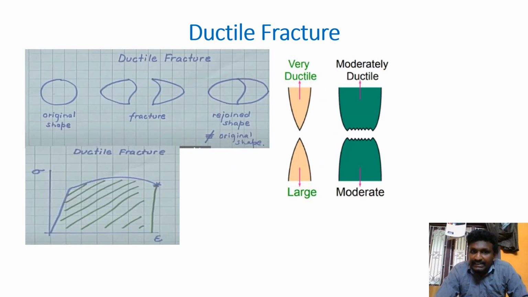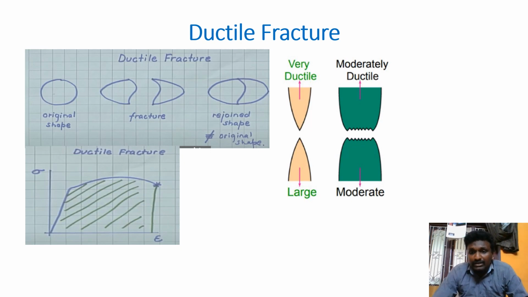Next fracture is ductile fracture. The ductile fracture is nothing but a slow propagation of crack. If a crack comes to a material, the crack will slightly initiate into it, and it goes long and then it breaks.